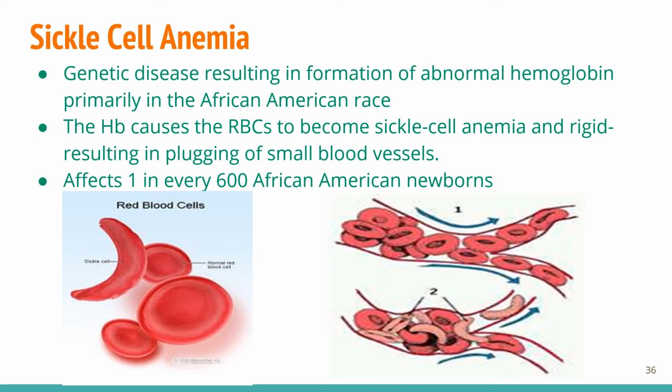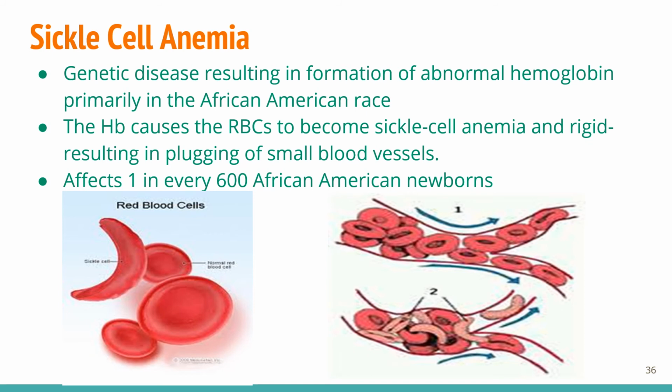So the red blood cells, instead of having that biconcave shape, actually have the sickle shape, and they are rigid, which then results in plugging of small blood vessels. This actually can happen.